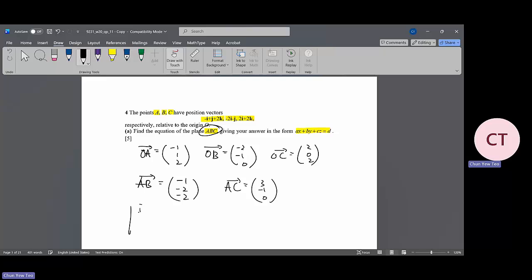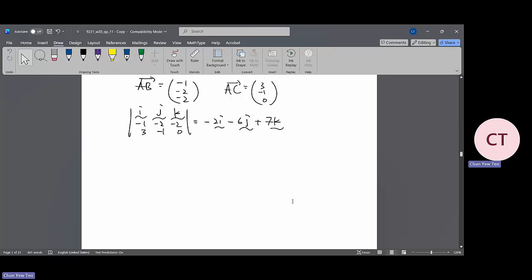And then in order to find the equation of the plane, we need to have a normal vector, and the normal vector can be found by using the cross product. So you'll get this one as -2i minus 6j plus 7k. Okay.